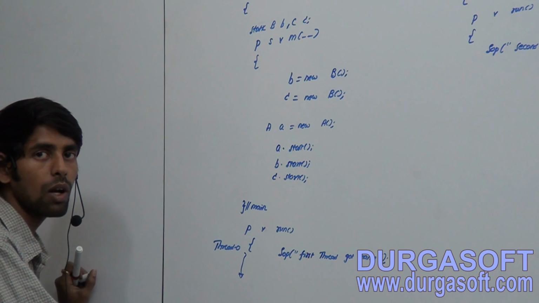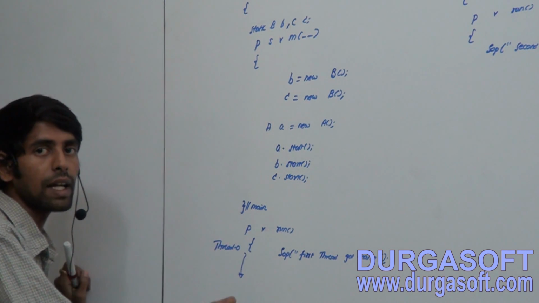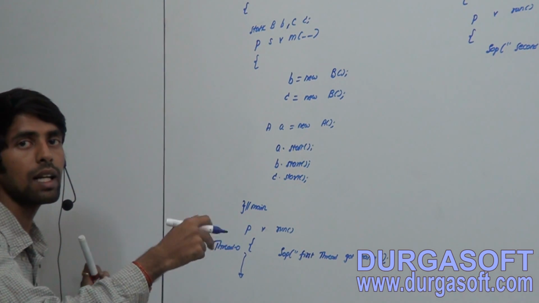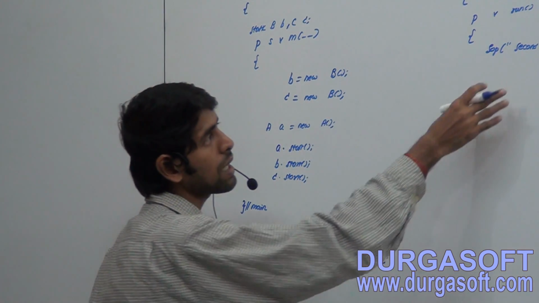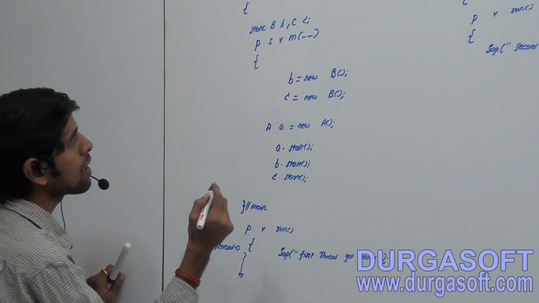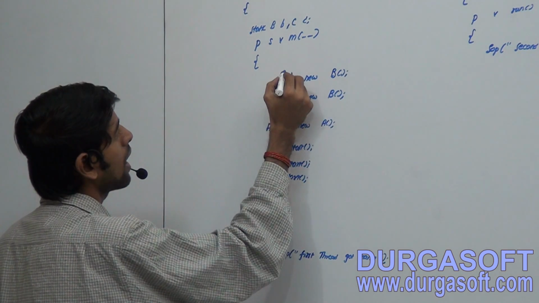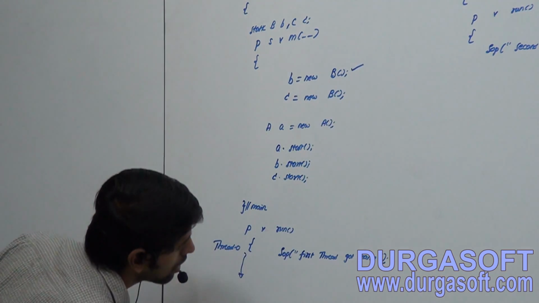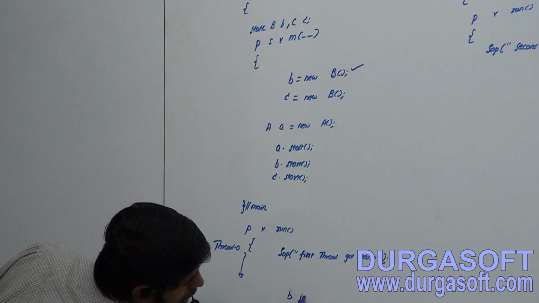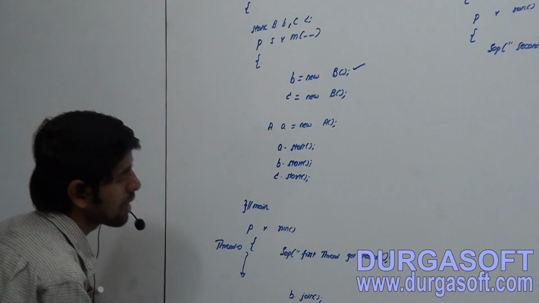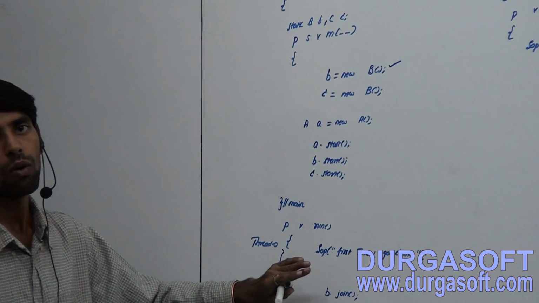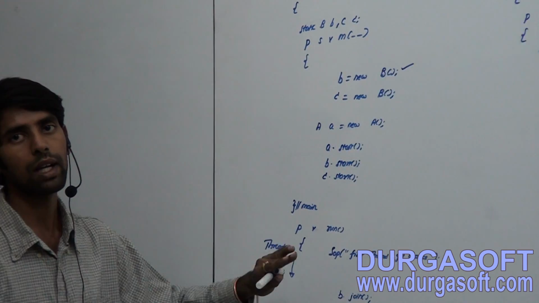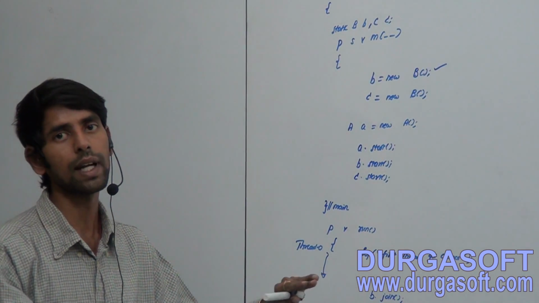So here it has to wait until completing the work of B thread. So the B thread reference is this one, and you have to call B dot join. That's it. This thread will be on hold for a while. That is very, very important.